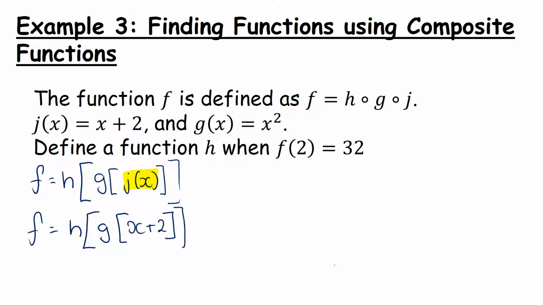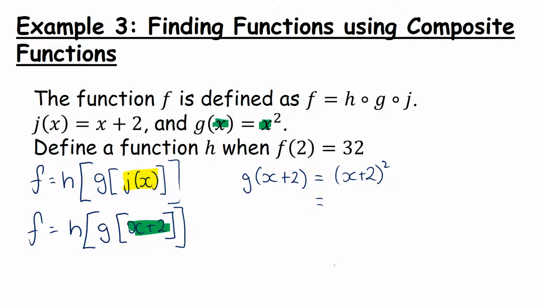Okay. Now, with the g, what we're doing is anywhere there's an x, we're going to replace it with x plus 2. So let's do this. So I'm going to work aside here for a second. So g of x plus 2 is equal to x plus 2 all squared. So let's square that out. Now, if you have issues squaring out brackets using the shortcut, do write it out twice, do break up your brackets, whatever you need to do.